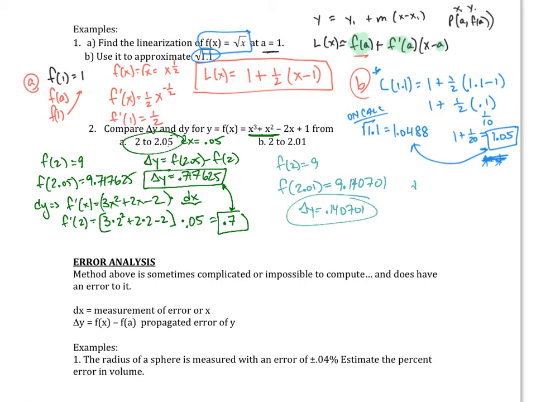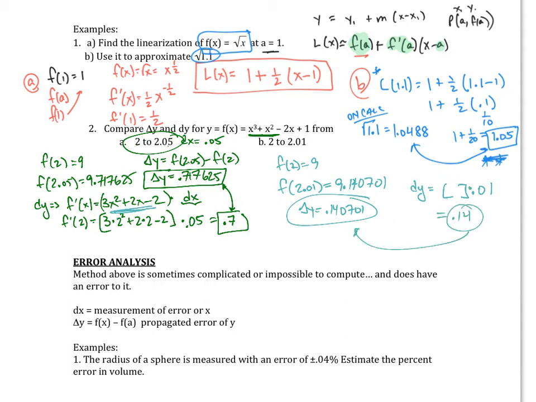All right, now let's find dy. For dy, I will take the derivative, which I've done over here, right? And I'll plug in my 2, but this time I'm going to multiply it by 0.01, and I will get an answer of 0.14.